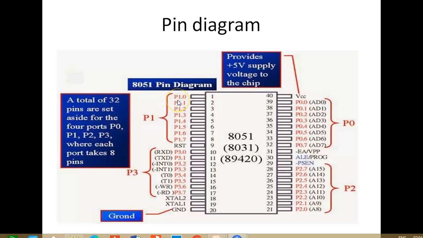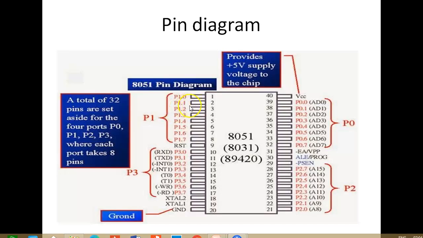Sometimes you want to use the complete port. Otherwise, individually, suppose you are interfacing a single LED, or you want to generate a square wave on a particular pin, you require only a single pin, so you can use any one of them.